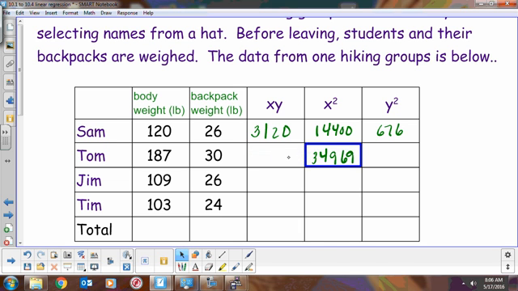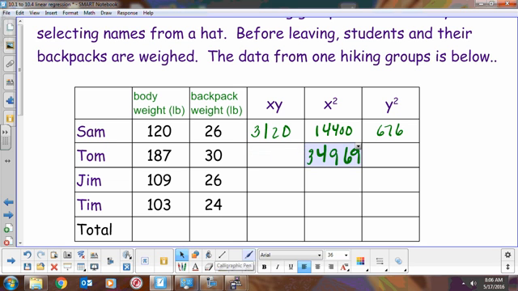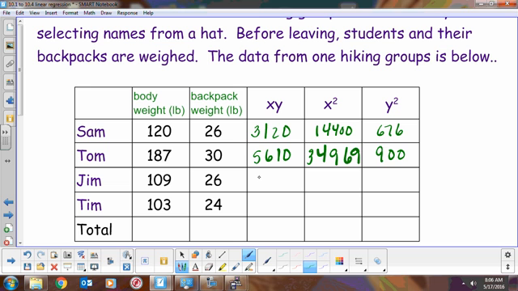Should be there. Okay, what's third? I can do 30 squared. How about 187 times 30? 109 times 26. 109 squared.